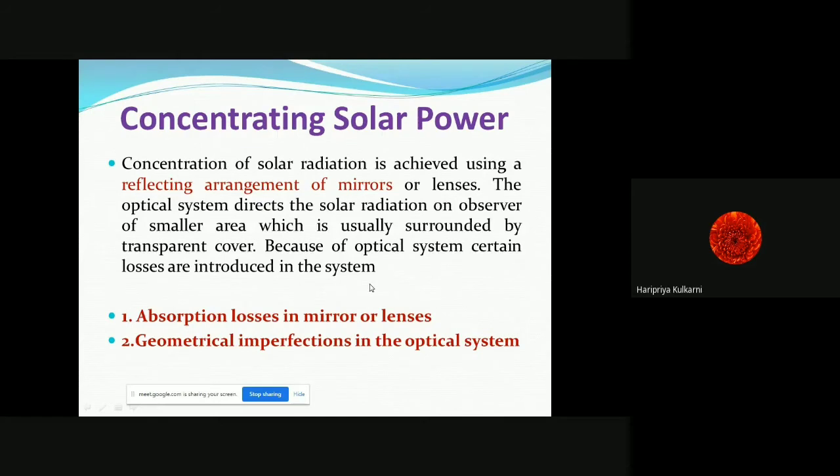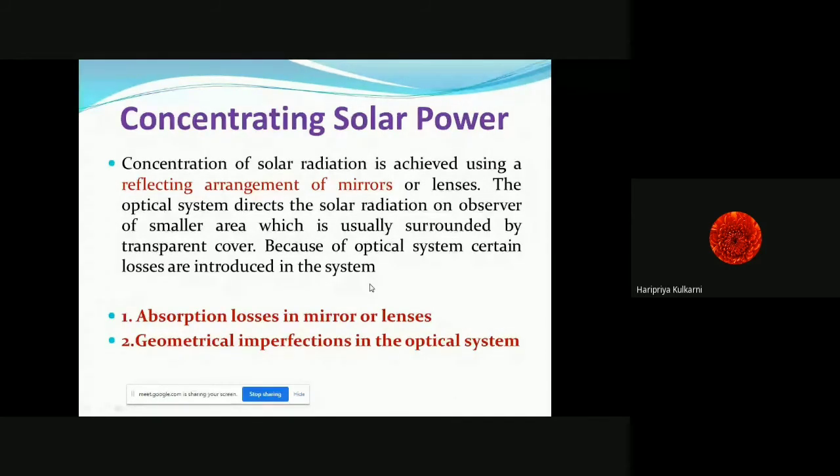You can think of what the reasons are wherein losses can take place. First is the absorption losses in the mirror or lenses, because if it gets old, then some part of the mirror gets deteriorated, right? Its reflection property decreases, or the coating is removed, then it is no more going to reflect, and the concentrator efficiency will decrease.